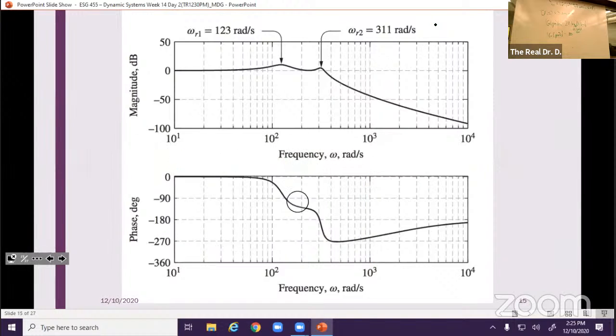In order to get some of this information from the Bode diagram, we need to know either a starting magnitude to get a frequency, or a frequency to get a magnitude and a phase. You need to know something. I can't just give you the Bode diagram and ask you to tell me all the things about it, because it's very dependent upon the context of what you're being asked.